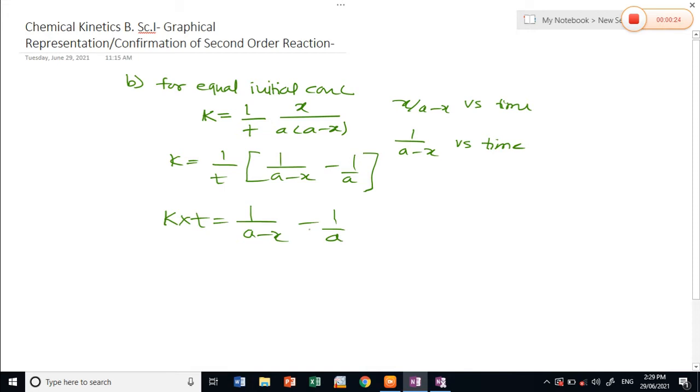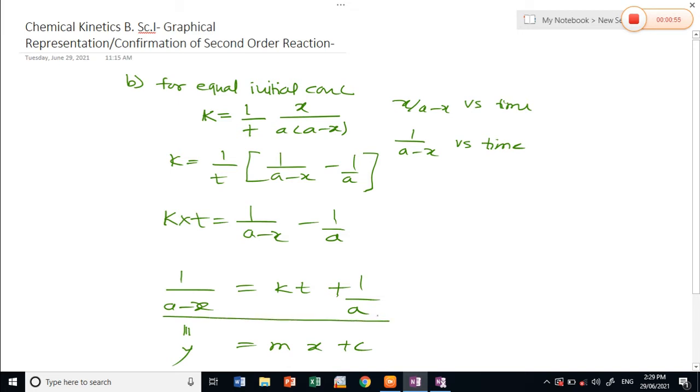So this minus 1 upon a goes on this side, so we'll get 1 upon (a minus x) is equal to kt plus 1 upon a. Okay, so on y-axis we will plot 1 upon (a minus x), y is equal to mx plus c. So we have transformed this equation into the form of y is equal to mx plus c, where on y-axis we will plot 1 upon (a minus x), and on x-axis we will plot time.